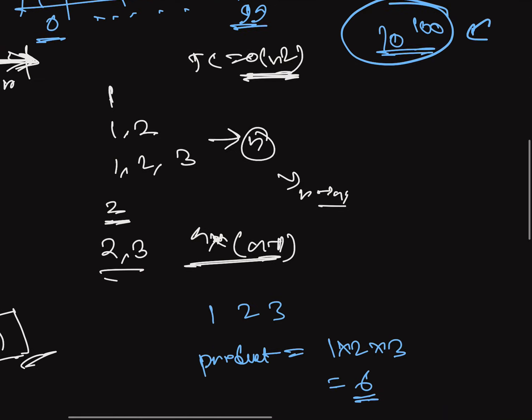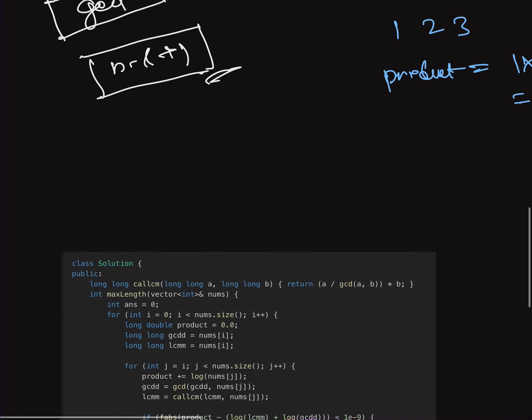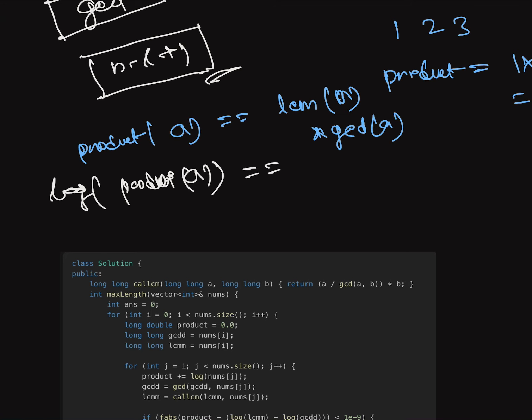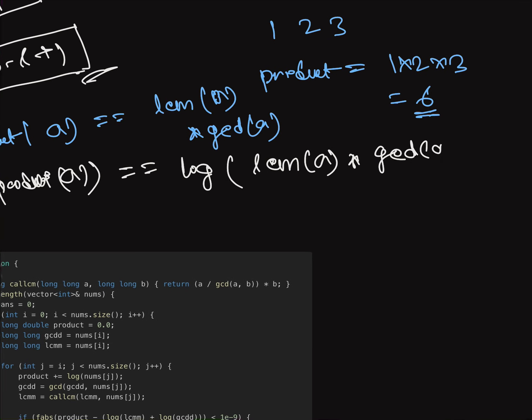So what can we optimize here? One trick is that if we use the log here, ultimately what we check is that the product of array A equals LCM of A into GCD of A. Now if I take the log of this, log of product A equals log of LCM of A into GCD of A. Correct?